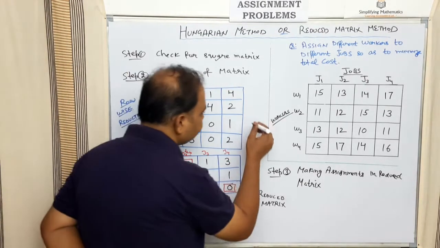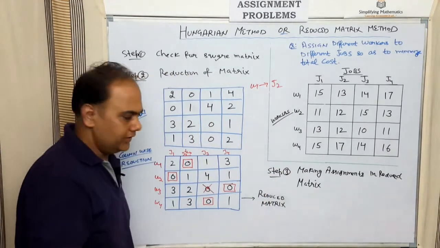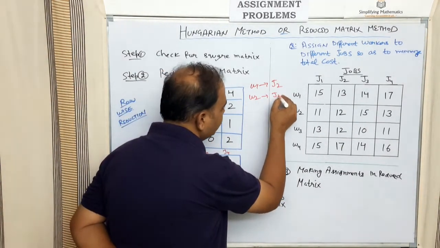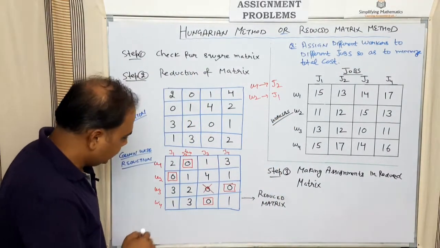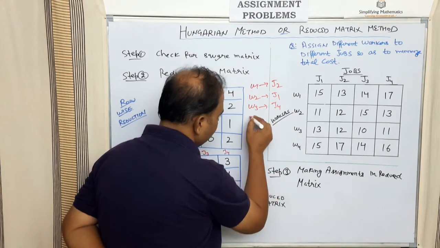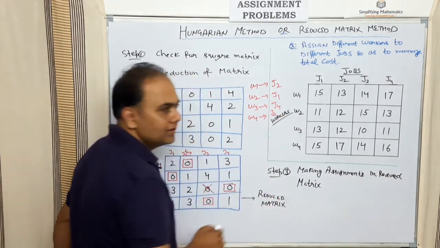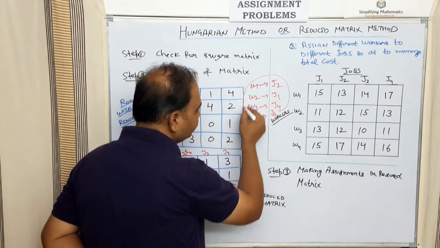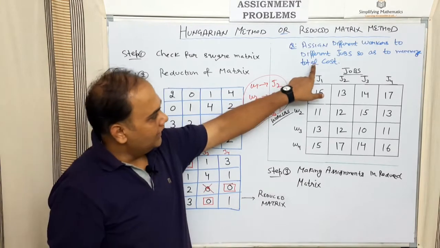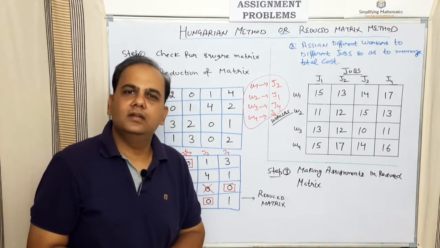Job J2. Second worker is given which job? J1. Third worker is given J4. And fourth worker is given job J3. So this is the assignment schedule as required in the question, so as to minimize the total cost.